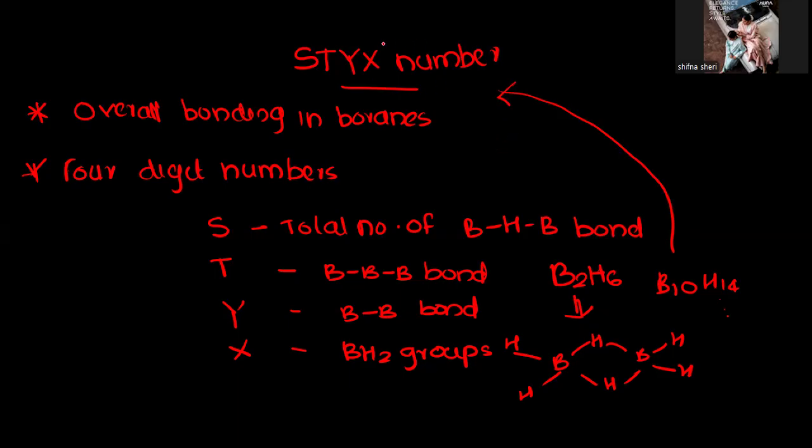By finding the styx number, we can find the total bonding in the boranes, how many BHB bonds are here, as well as BBB, BB, and BH2. So as an example, let us do the steps of finding the styx number from B2H6 itself.